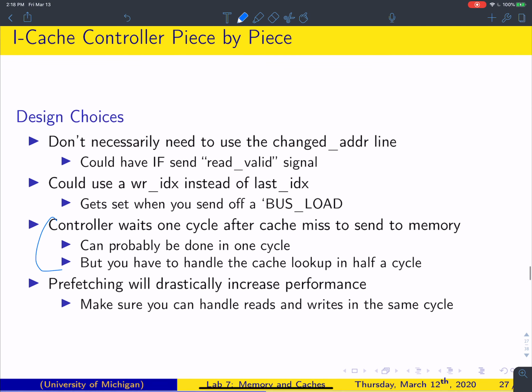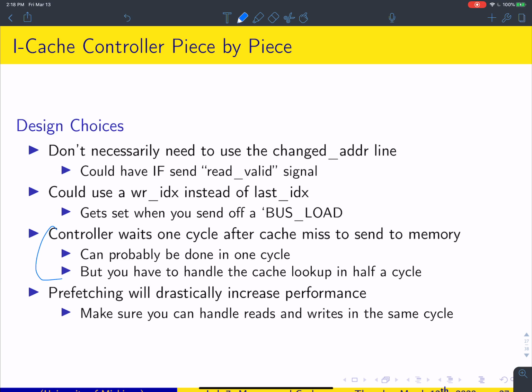We can send a request to the memory in one cycle, but we have to make sure that the cache memory can be read in less than one half of a cycle. Because the memory unit updates its outputs, confirming or denying whether or not a read happened, on the positive edge of clock.